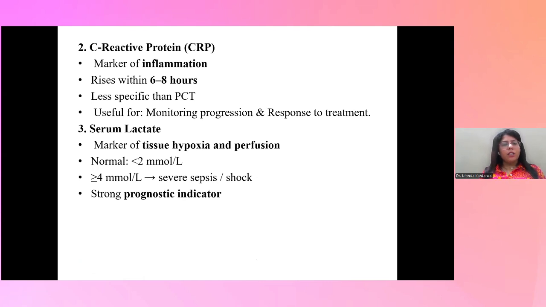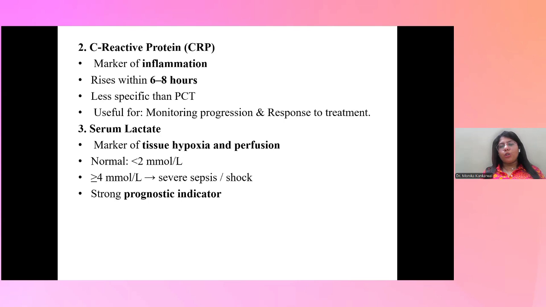Now the third component in sepsis markers is serum lactate, which measures tissue hypoxia and perfusion, and the normal range is less than 2 millimole per liter. If the patient has a level of 4 millimole per liter or more, then the patient is at risk of severe sepsis and shock.